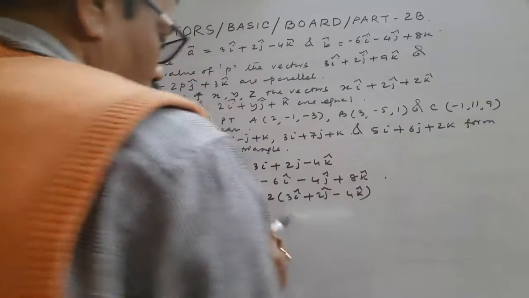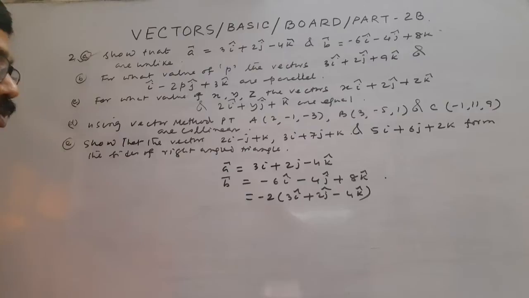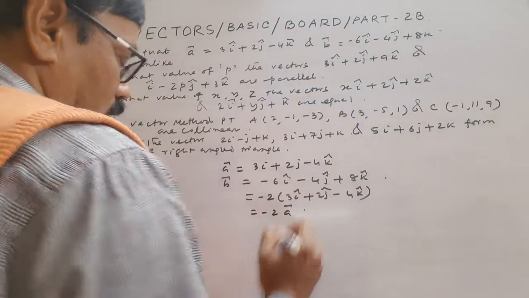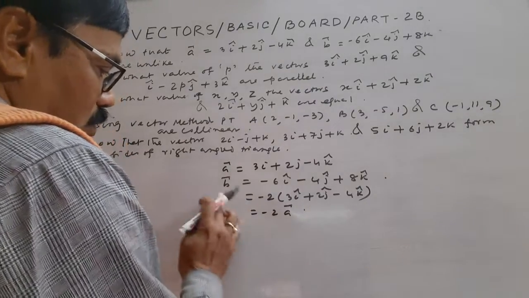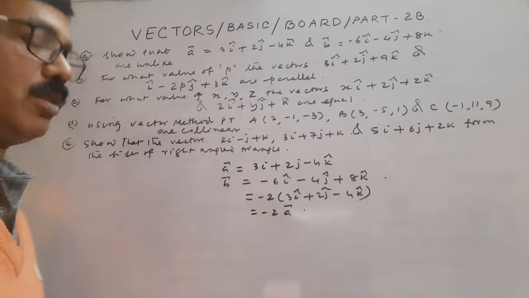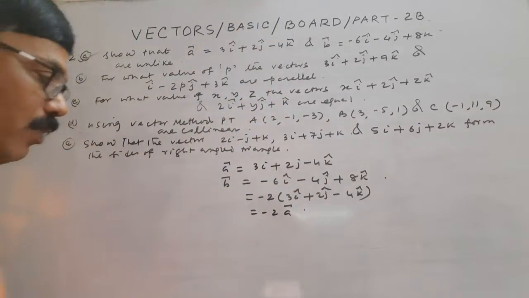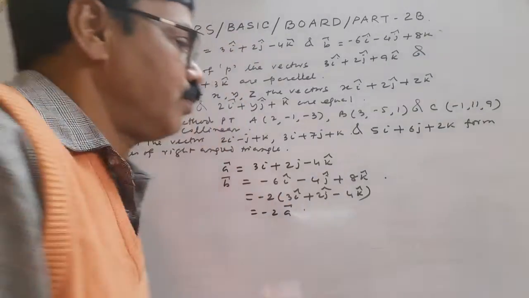If we take minus 2 common, we get 3i plus 2j minus 4k, which is a. So b equals minus 2 into a vector. So a and b are parallel, and this negative sign represents that they are in opposite direction.